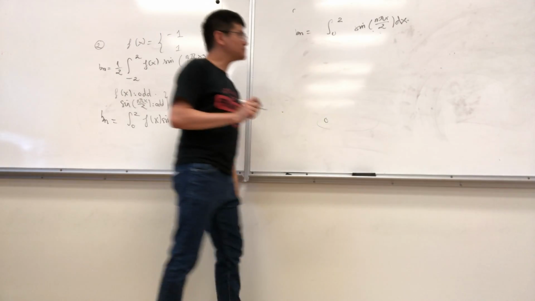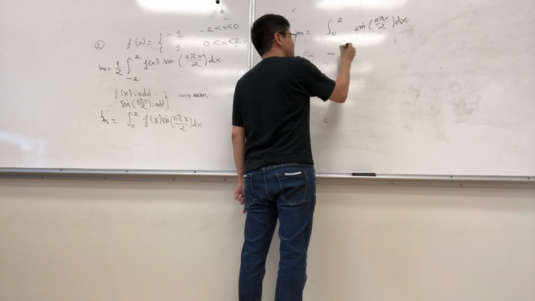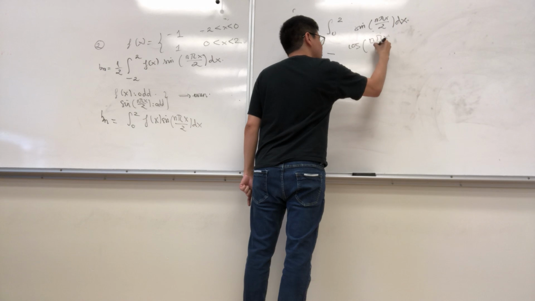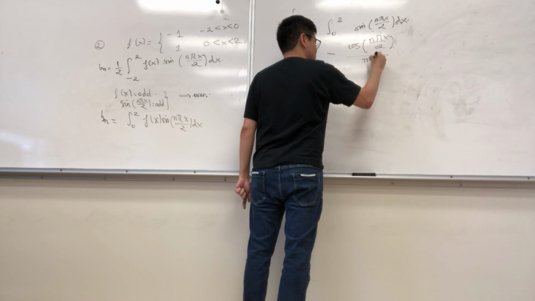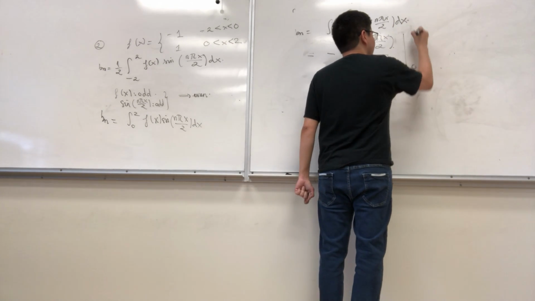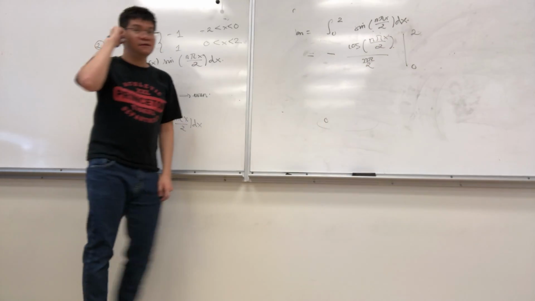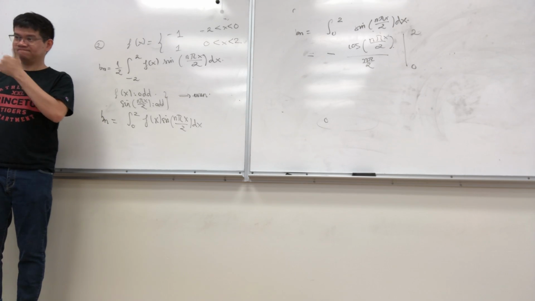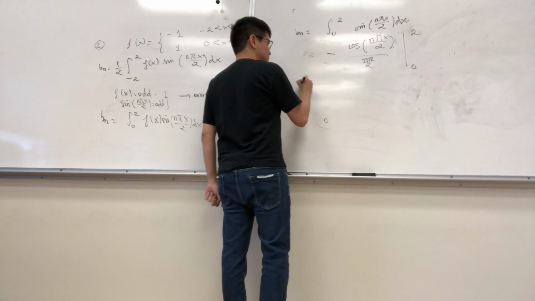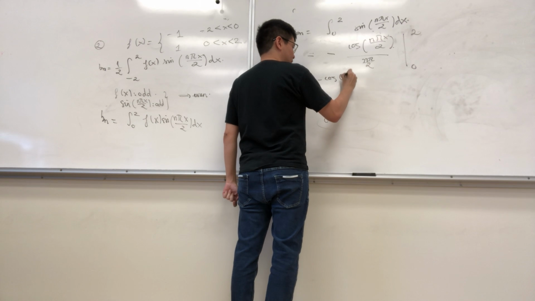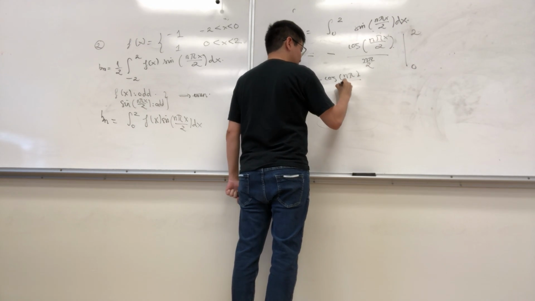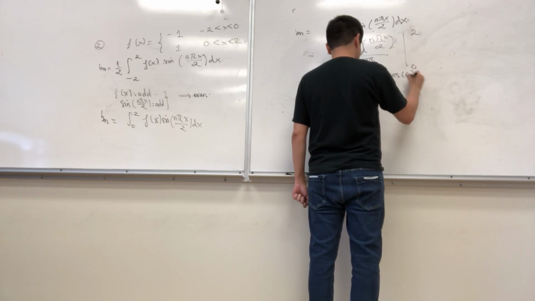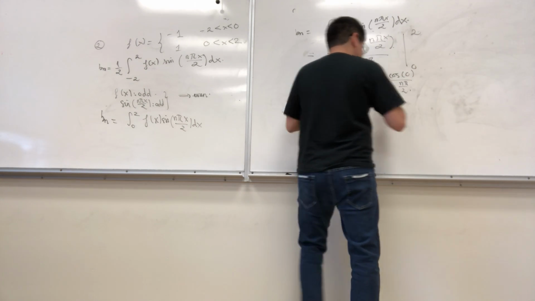So this gives me minus cosine of n pi x over 2 over n pi over 2, and I'm going to evaluate from 0 to 2. Now, this is going to give me cosine of n pi over n pi over 2, and plus cosine of 0 over n pi over 2.